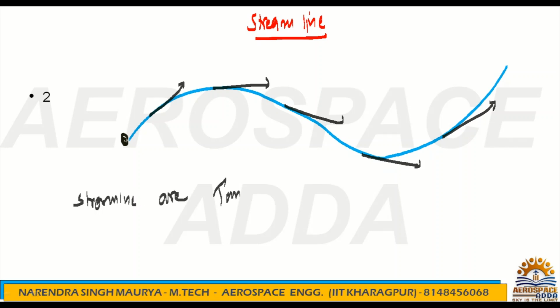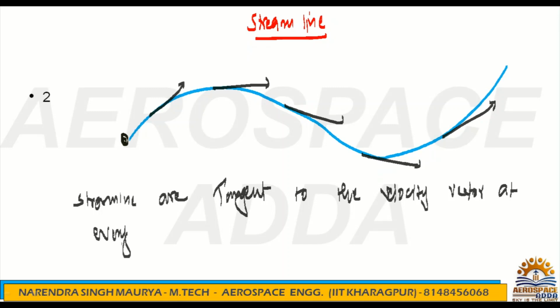Streamlines are tangent to the velocity vector at every point in the flow field, okay.